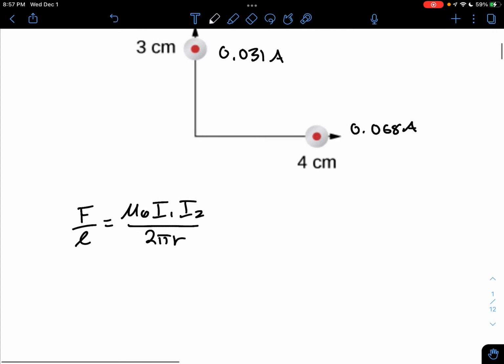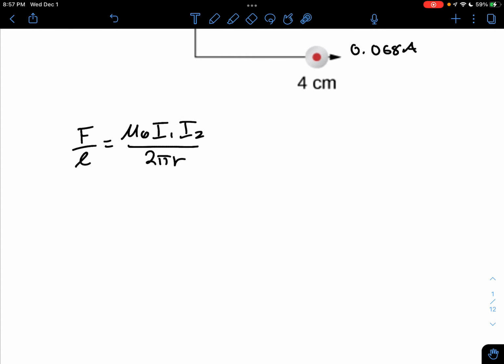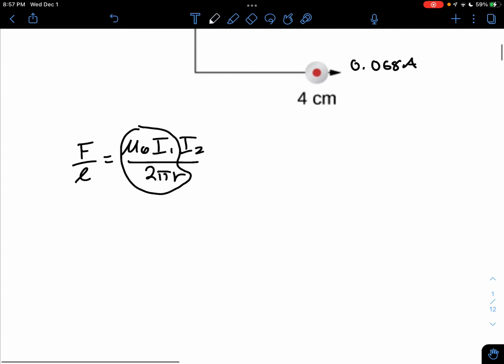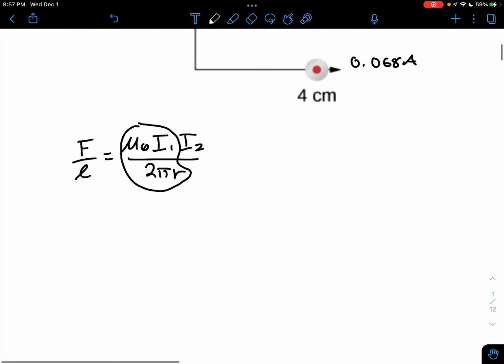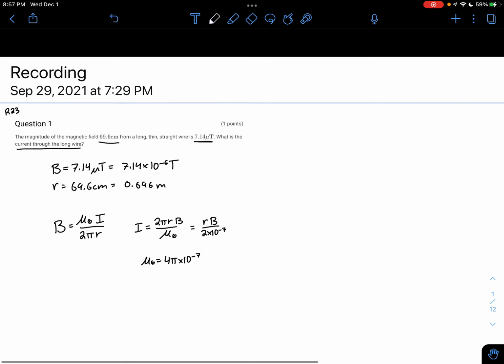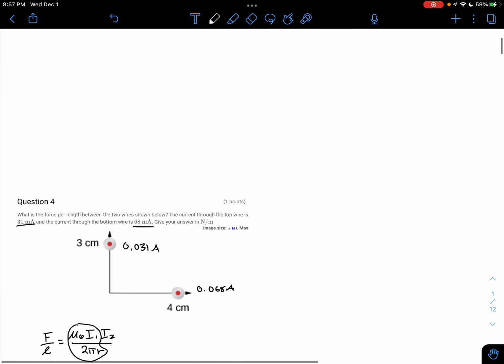If we look at this chunk here and pull it out, that's just our magnetic field, B equals mu naught I1 over 2 pi r. That's the same equation that we just used up here.